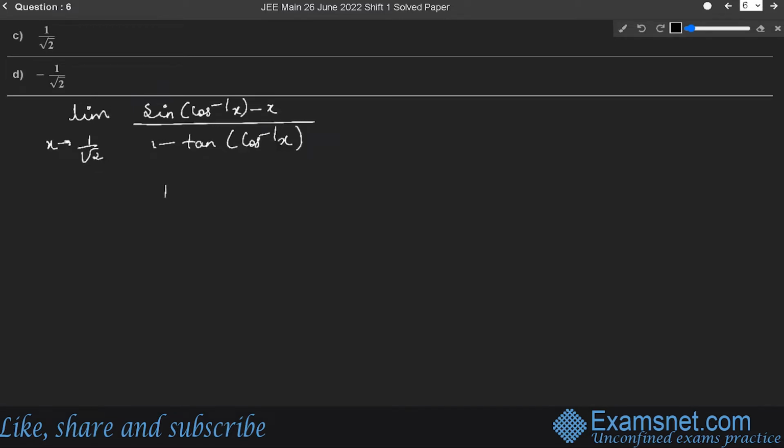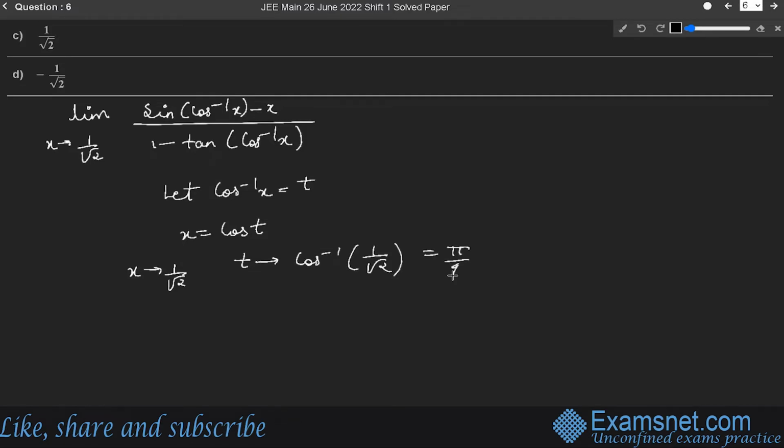For this expression, let cos inverse x be equal to t. So x will be equal to cos t. Now, when x is equal to 1 upon root 2, then t will be equal to cos inverse 1 upon root 2, which is equal to pi by 4.